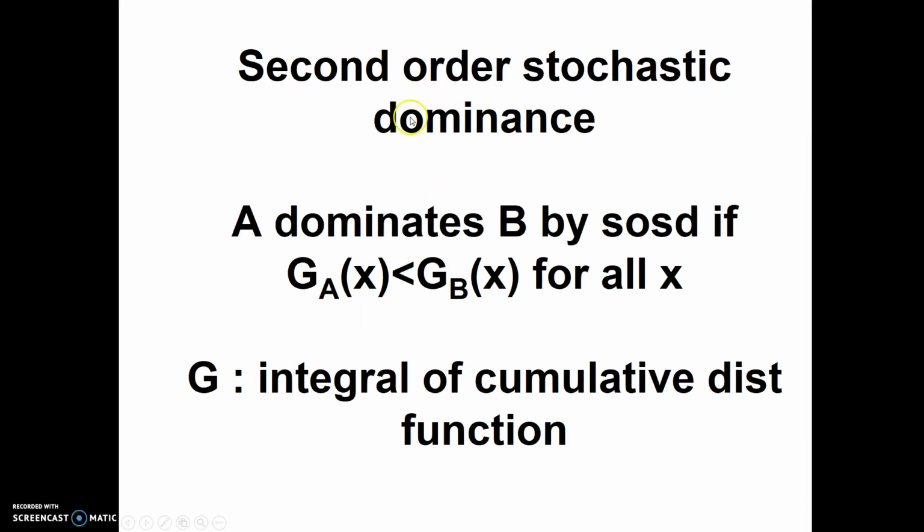In the case of second order stochastic dominance, a treatment A dominates strategy B by second order stochastic dominance if the G function of treatment A is always lower than the G function for strategy B for all X, in this case for all values of income. G is the integral of the cumulative distribution function.